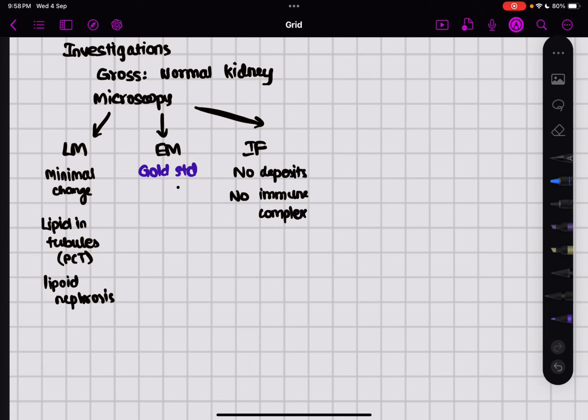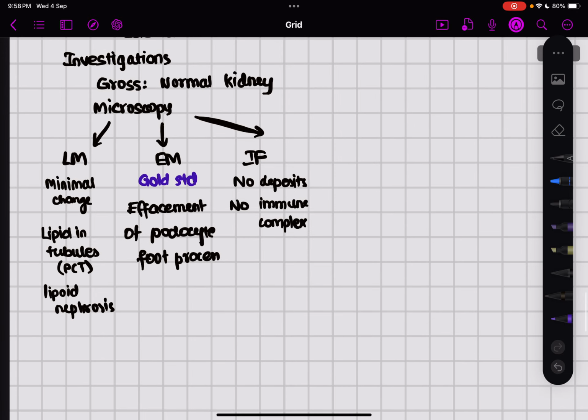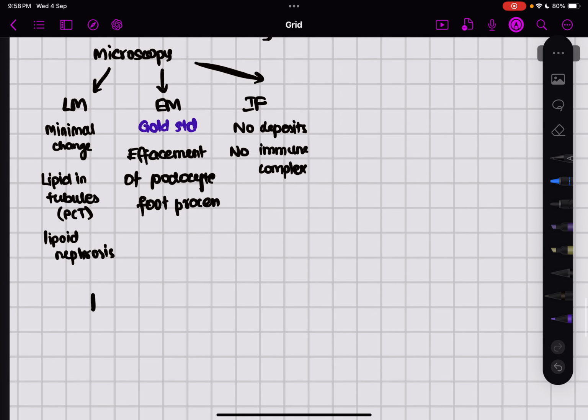Electron microscopy shows effacement of podocyte foot processes. And now treatment. Treatment is steroids, which gives 100% response.